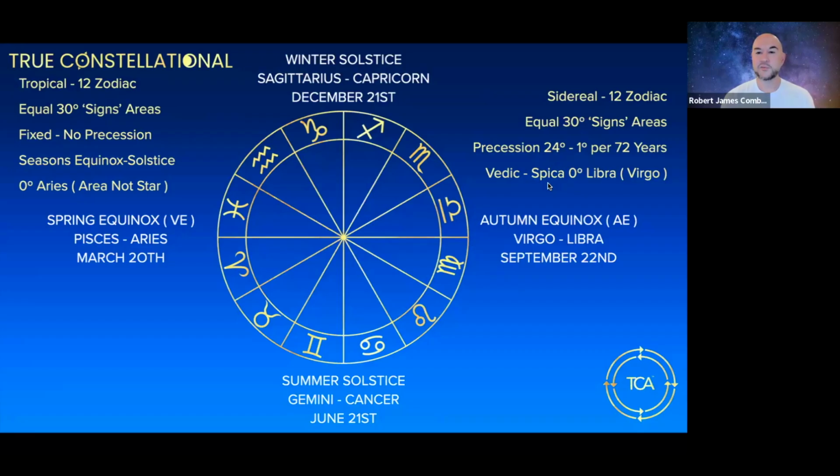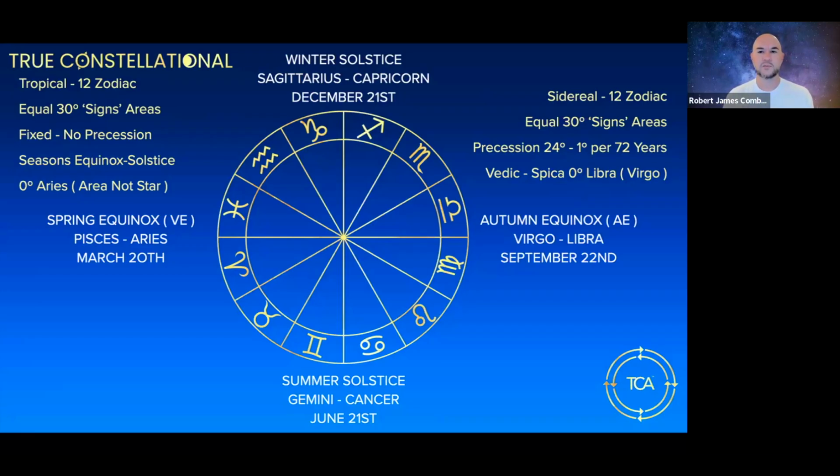Now, one thing that started to flag to me that was kind of odd about this is that in all of my work with the star lore, this star Spica is not actually in Libra, but in the womb of Virgo. So when I started to see this, I'm like, well, why are we saying this star is 0 degrees Libra when it's actually in the womb of Virgo?